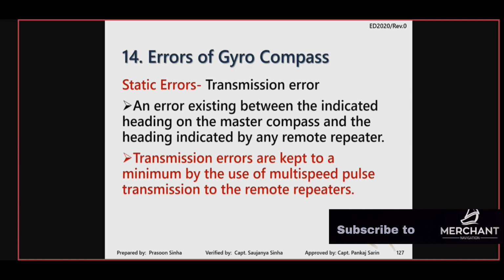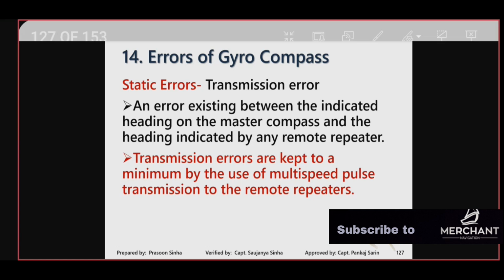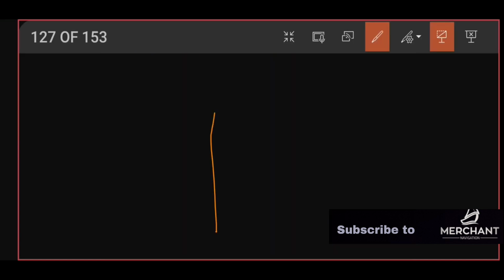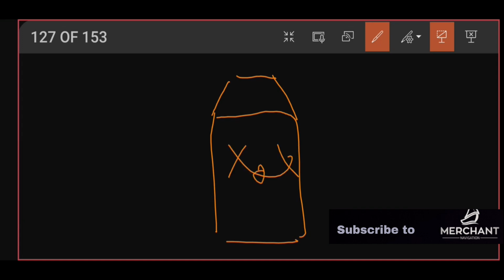Next type of static error is called transmission error. You must understand the scenario of installation of gyro compass और कैसे काम करता है. आपके जहाज में एक स्टीयरिंग कॉलम होती है. स्टीयरिंग व्हील है और यहाँ पे gyro compass होता है. करेक्ट? बहुत सारे दूसरे कंट्रोल्स होते हैं.